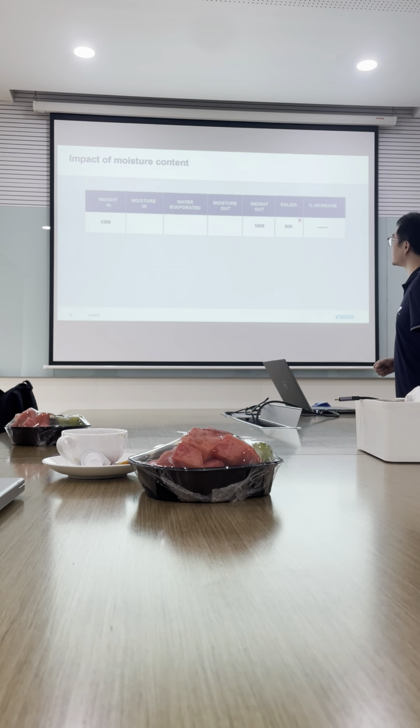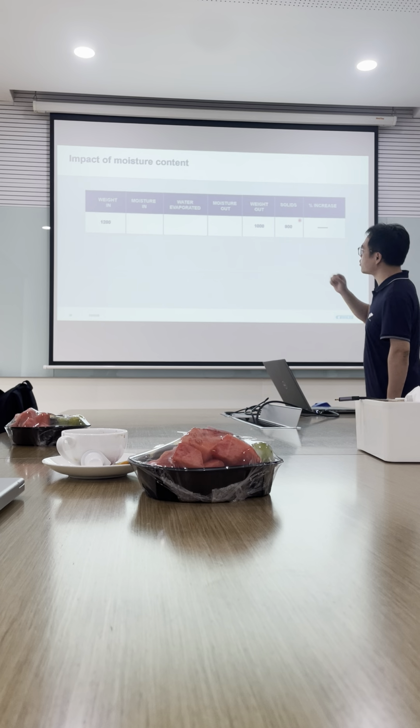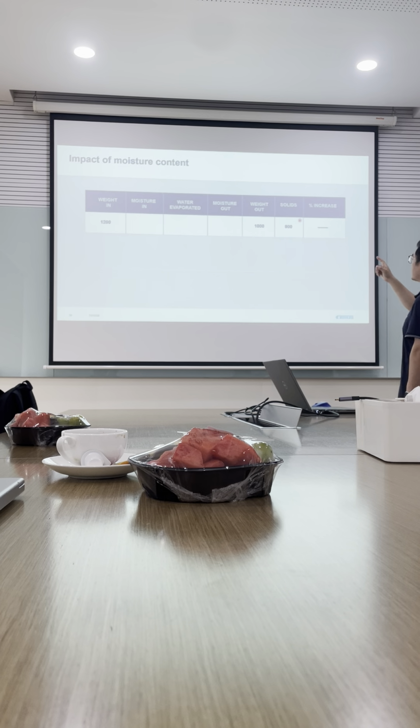So let us use a simple example to calculate the moisture. In here, the weight in is 1200, and the solid is 900, and the weight out is 1000.